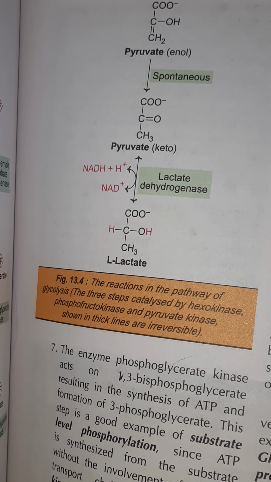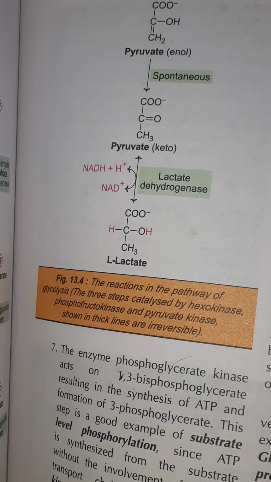So the eighth step is the conversion of 2-phosphoglycerate to 2-phosphoenol pyruvate by the enzyme enolase, in the presence of magnesium ion.